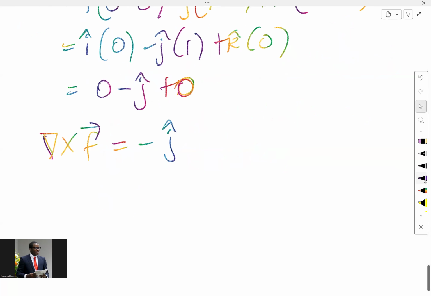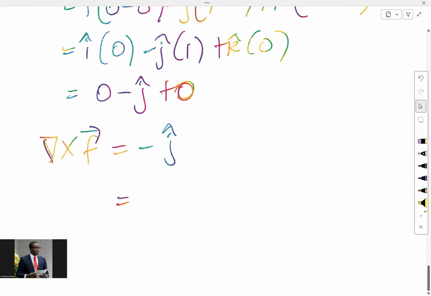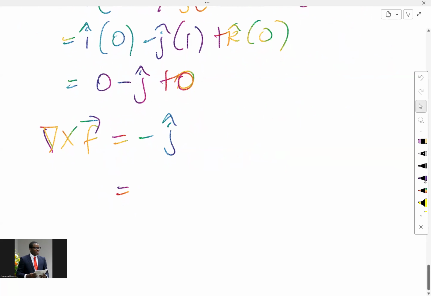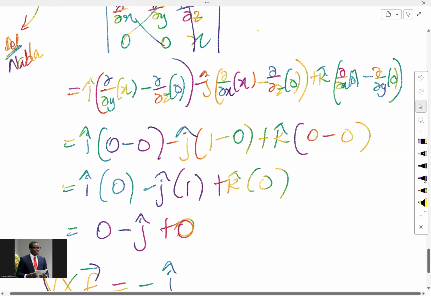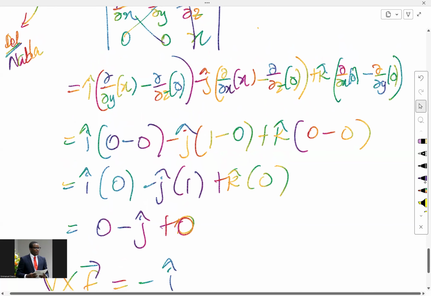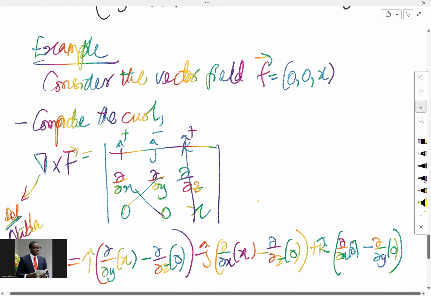So that means this is actually the same thing as, so that's like in the direction of j, right? Yeah, dx dy minus dx. Yeah, this is 0, 0, x, right?